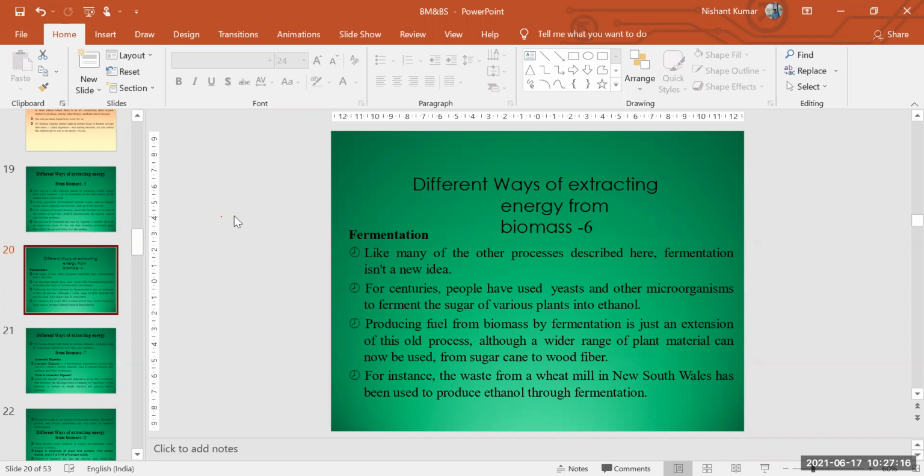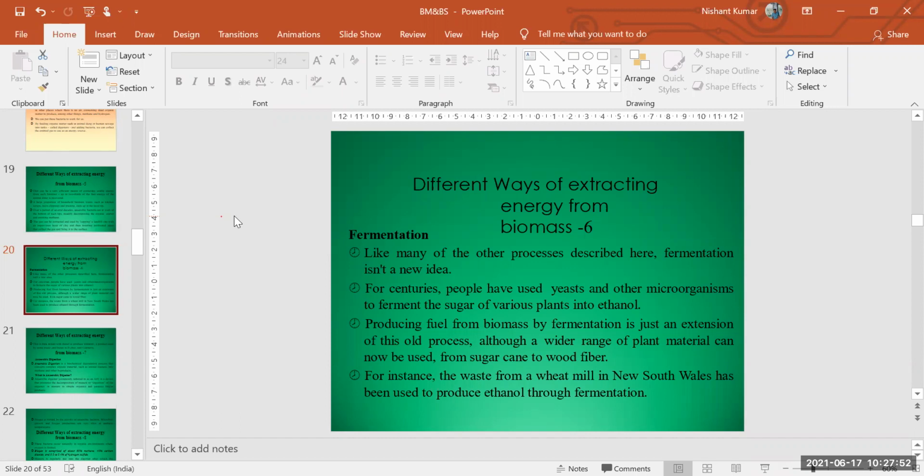There is also a process, if you know how curd is formed, using yeast. If you have good warm milk and you put a small amount of curd into it and keep it for a longer period, around 12 or 24 hours, the complete milk will be converted into curd.